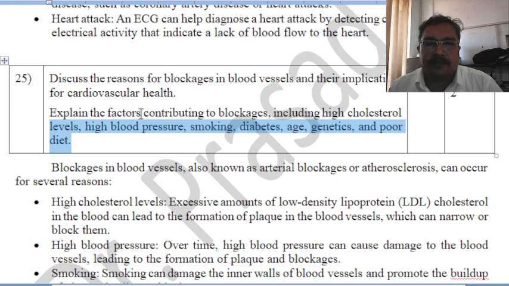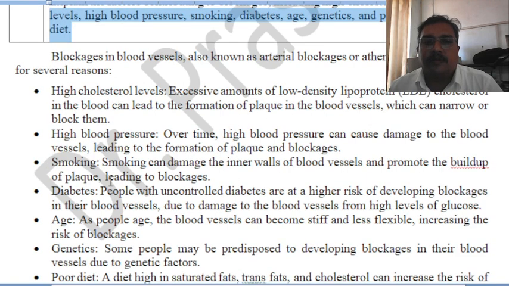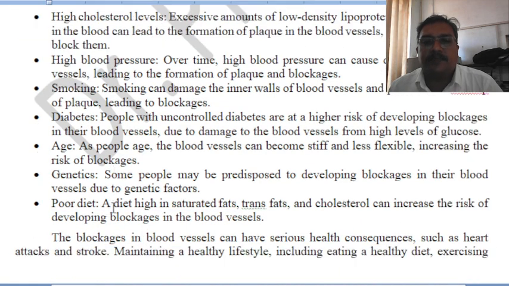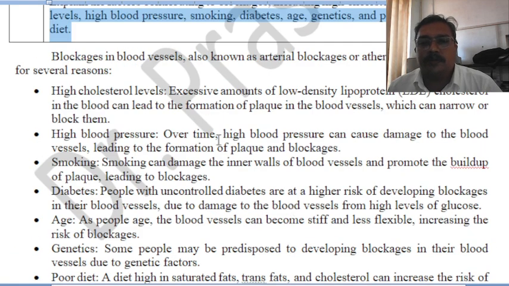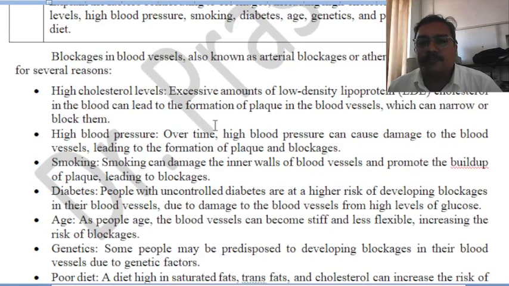The factors are: high cholesterol level, that is an excessive amount of low density lipoprotein, high blood pressure, smoking, diabetes, age, genetics, poor diet. This study material is already given in my class notes. Based on that you can answer this question.